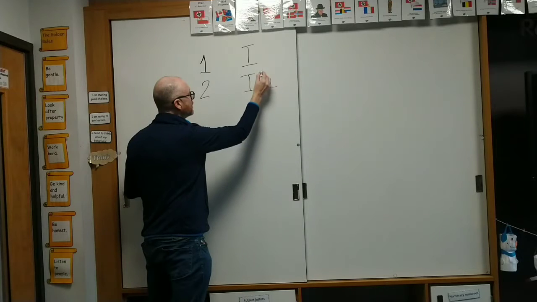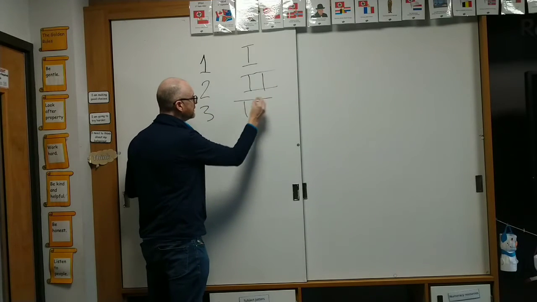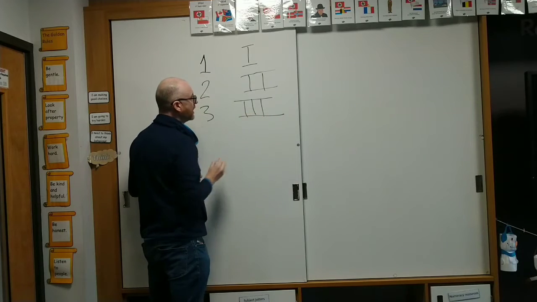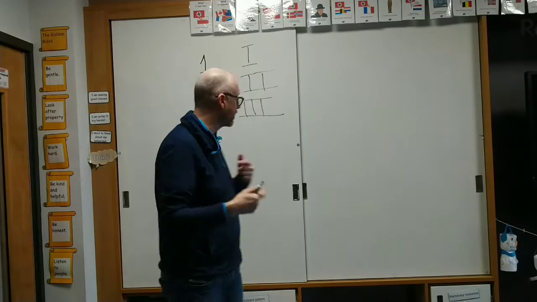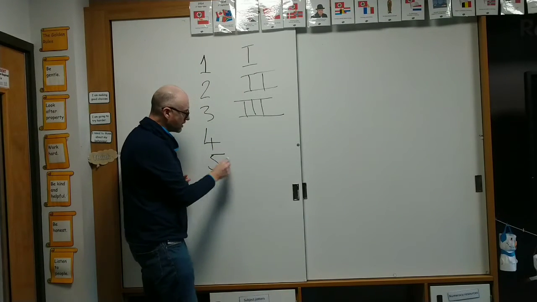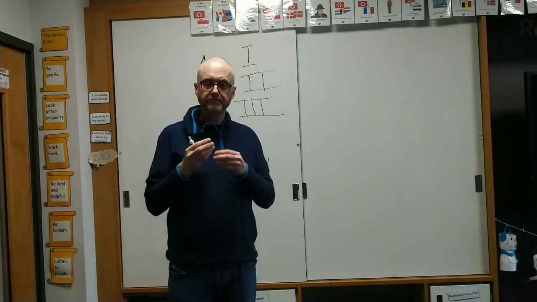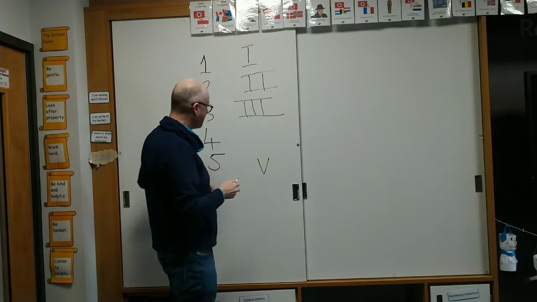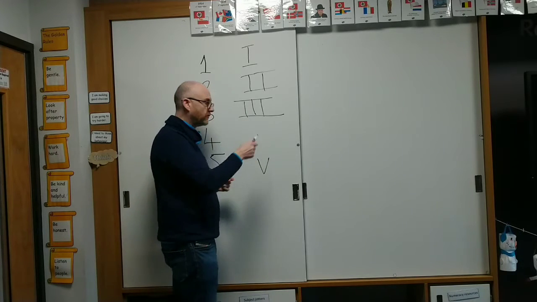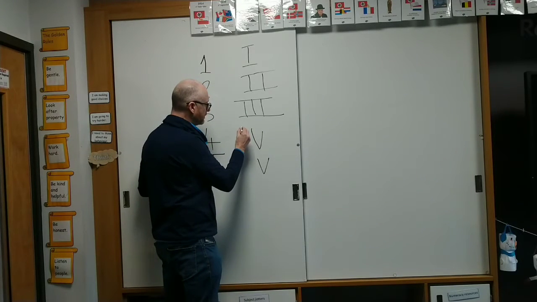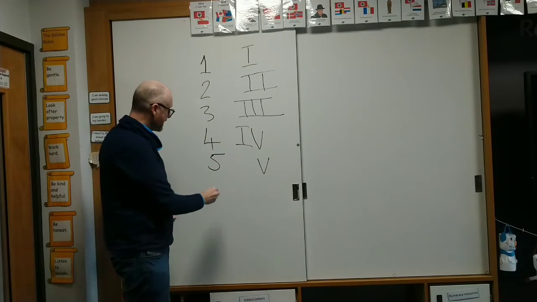Their number two is like that. 3 is like that. 4 is odd. 4 is really strange, because they've got certain numbers that are kind of place keepers. So a 5 is a V, but 4 is 1 before 5. So you put the 1 before 5 makes 4.